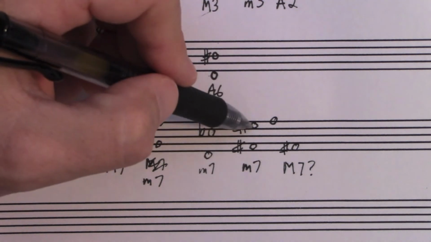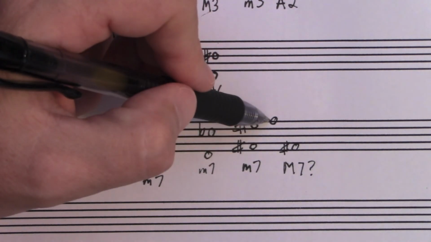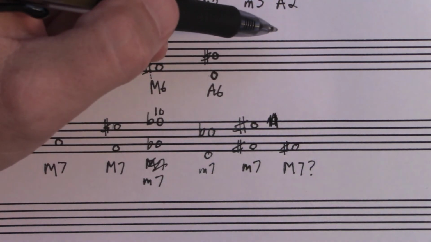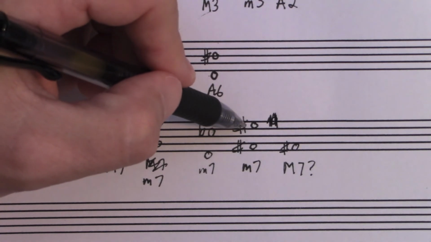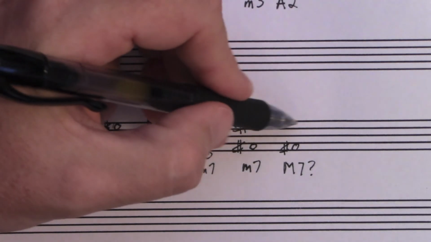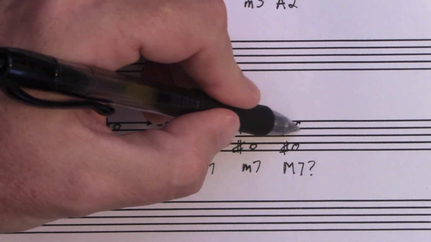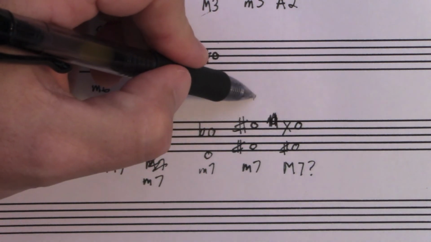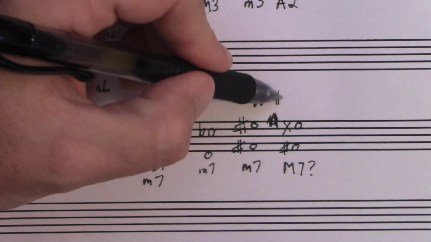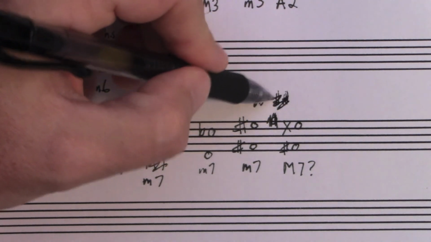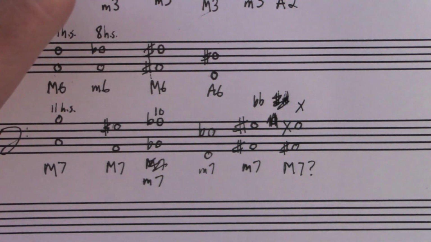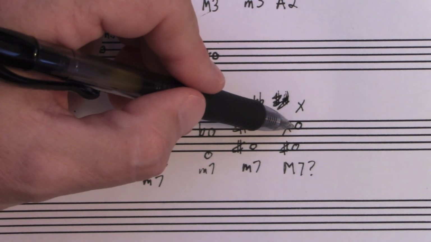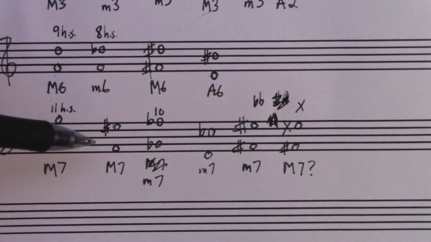Well, it's no longer a seventh. From A sharp to A natural would be a unison of some sort, so we're not going to do that. So what we need to do is sharp this G sharp, and it becomes G double sharp. Remember, double flat was 2 flats? 2 sharps would look like that. They don't do that. They just make it an X. So A sharp to G double sharp is a major seventh.